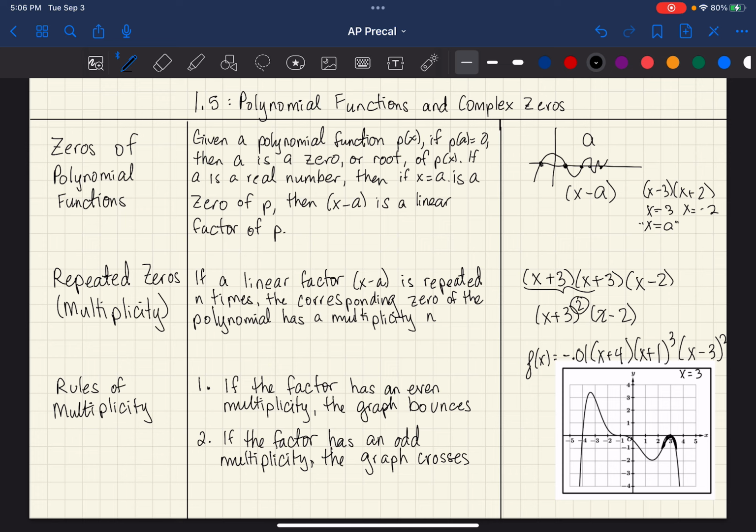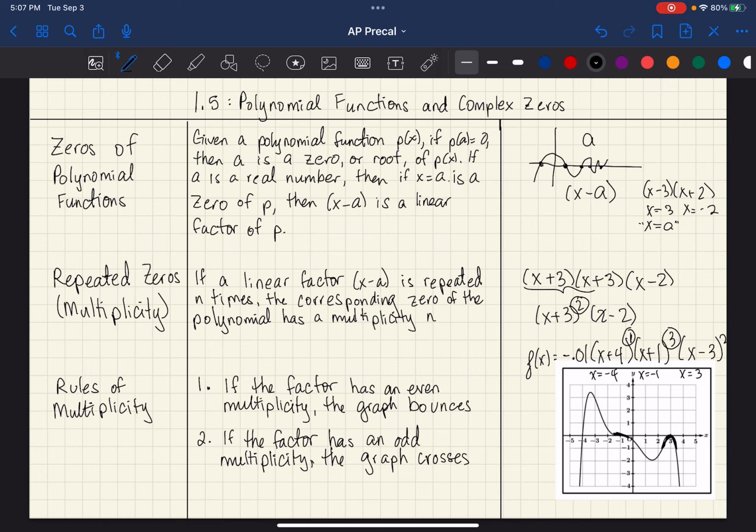While with an odd multiplicity, which is the second rule, the graph will cross. So I have here x equals negative 1 has a multiplicity of 3. So at negative 1, my graph crosses the x-axis. And it's the same thing over here. This x plus 4 gives x equals negative 4, and it has a multiplicity of 1.